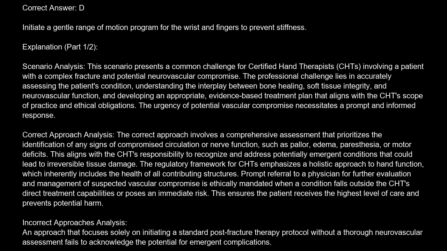The regulatory framework for CHTs emphasizes a holistic approach to hand function, which inherently includes the health of all contributing structures. Prompt referral to a physician for further evaluation and management of suspected vascular compromise is ethically mandated when a condition falls outside the CHT's direct treatment capabilities or poses an immediate risk. This ensures the patient receives the highest level of care and prevents potential harm.